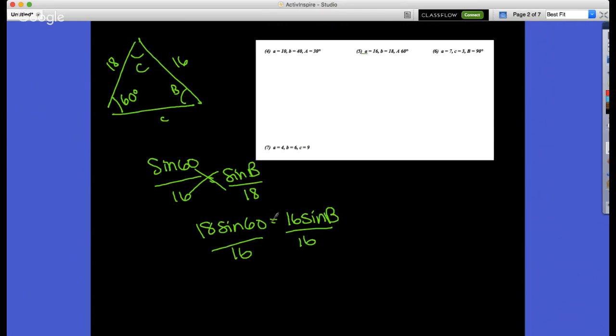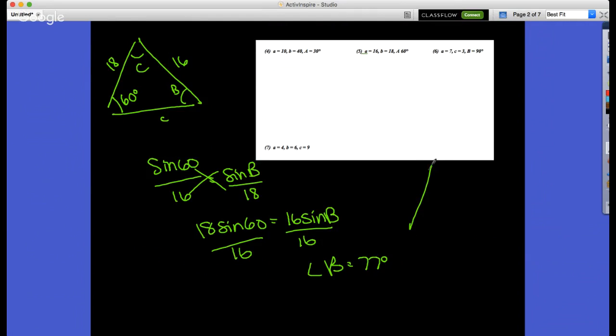So, we'll do 18 sine of 60, divide that by 16, take the sine inverse of that to get 76.97. So I'm just going to say angle B is 77 degrees.